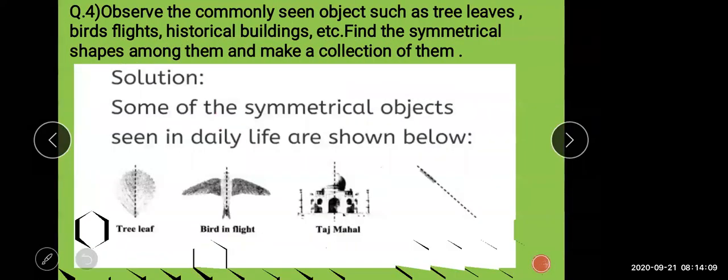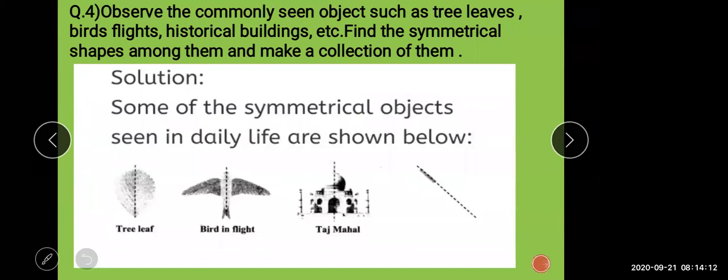Look at here. Our question and its solution. What is the question? See the objects, which are the tree leaves. Look at here, tree leaf. Some of the symmetrical objects seen in daily life are shown below. Generally, what we are seeing in daily life, these pictures are here.